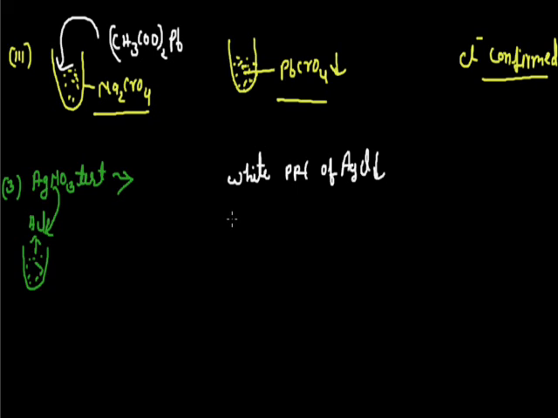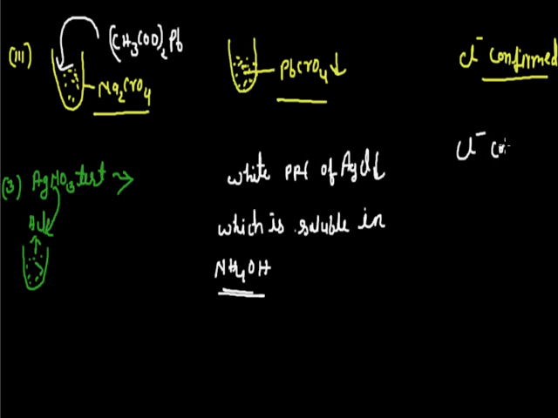This precipitate is insoluble in water but soluble in liquor ammonia, that is NH4OH. If this happens, then we can say that Cl negative is confirmed. So we take these three tests for the confirmation of the Cl negative ion.